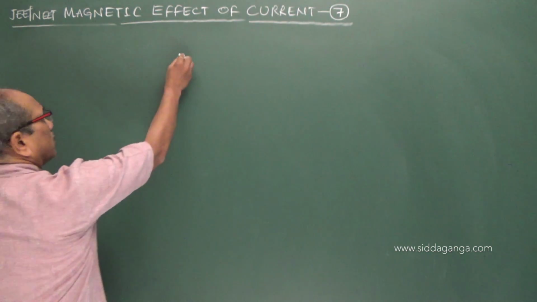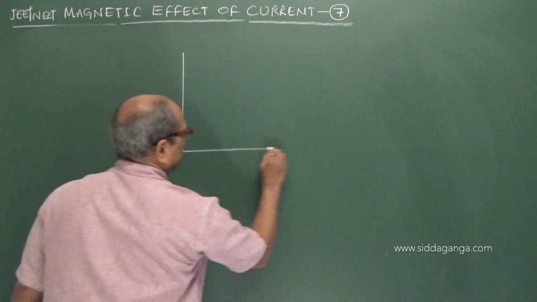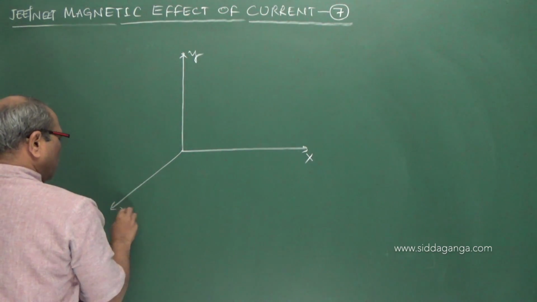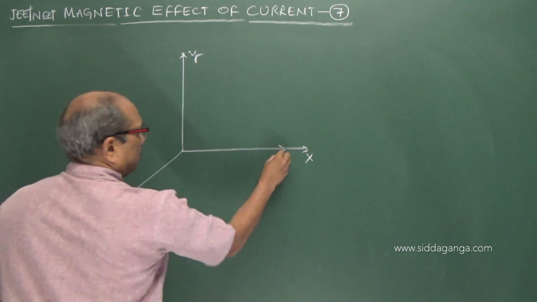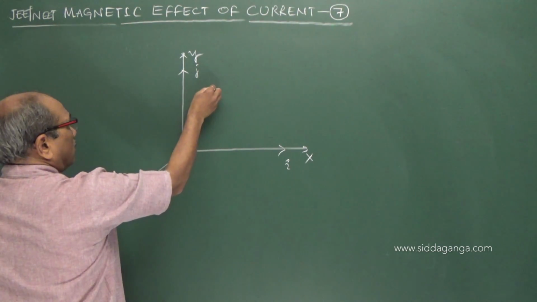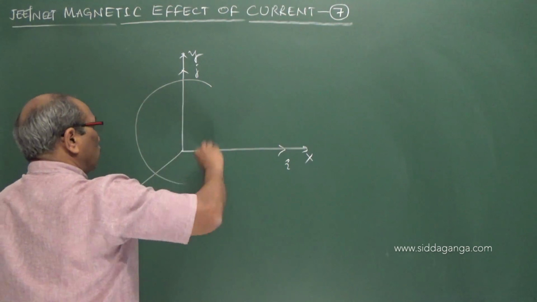So now three axes: x, y and z, with k, i and j. Now the three circular loops.